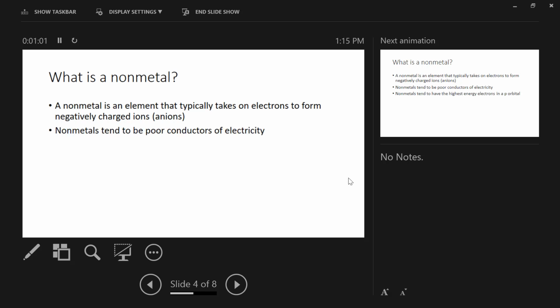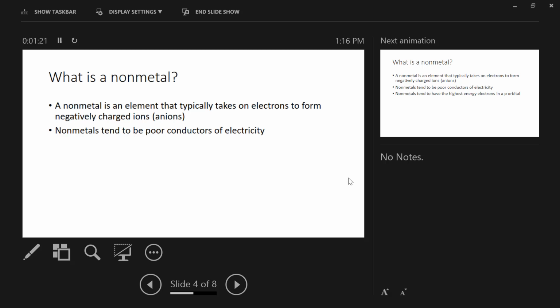Okay. Nonmetals tend to be poor conductors of electricity. Notice when we said a nonmetal is an element that typically takes on electrons, this one, there are a lot of exceptions to that rule.